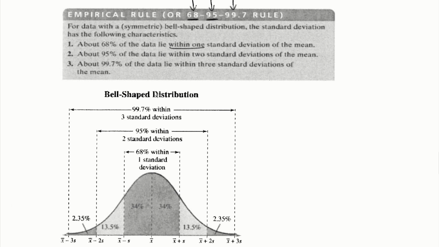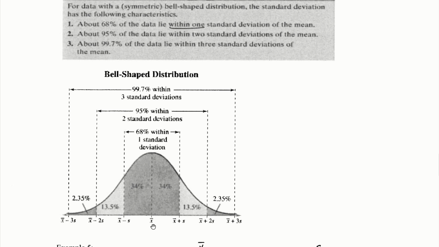What this tells us is that if you go within 1 standard deviation of the mean, so here's x bar, if you go 1 standard deviation to the left and 1 standard deviation to the right, that would encompass 68% of the data values. 2 standard deviations to the left and to the right would give us 95% of the data values. And then about 99.7%, or for almost all intents and purposes, almost all of the data set will lie within 3 standard deviations of the mean.